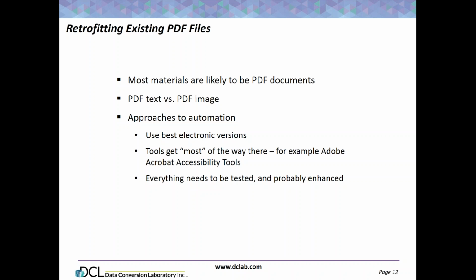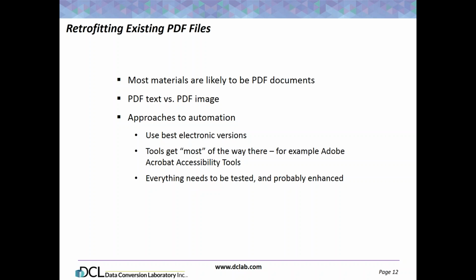Just a quick note on the difference. Normally there are two different categories of PDF: PDF text documents and PDF image documents. With PDF text, when you look at the file, the text is actually there.